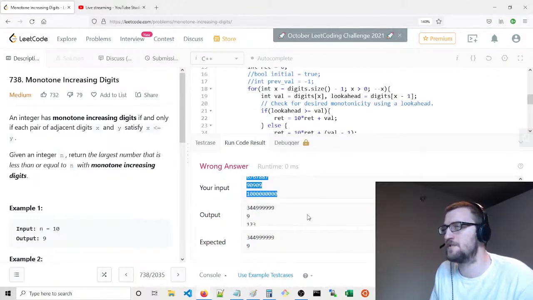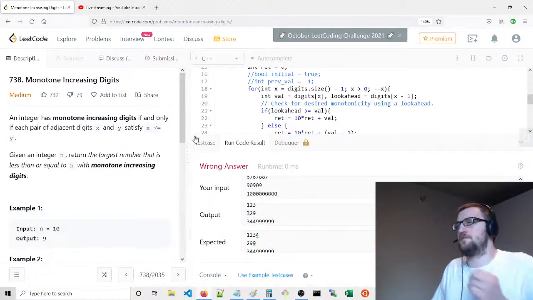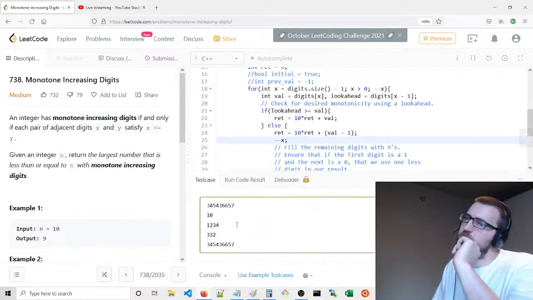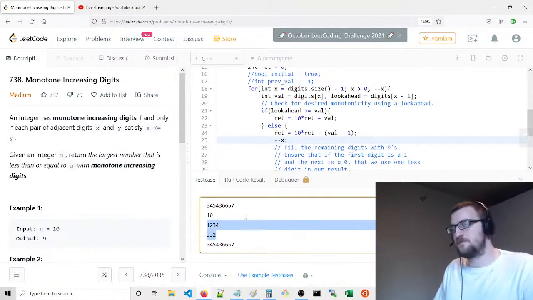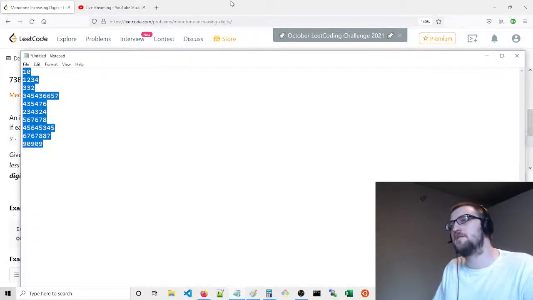Now, which ones are wrong? Let's find out. 1, 2, 3, 4. 1, 2, 3, 4. Oh. Quite a few of these are wrong, huh? 1, 2, 3, 4, and 3, 2, 9. These ones are incorrect.